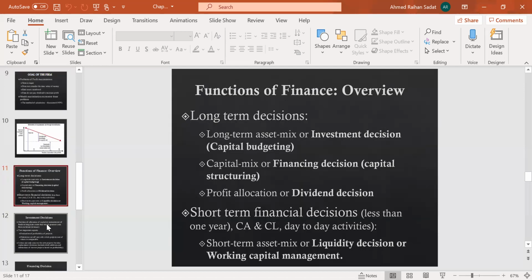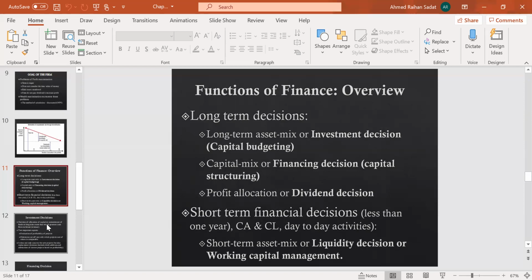This was our last slide, where I talked briefly about the different functions and areas where the finance person works. There are long-term decisions and there is a short-term decision, what we call the liquidity decision or working capital management. For long-term decisions, we have investment decisions or capital budgeting.